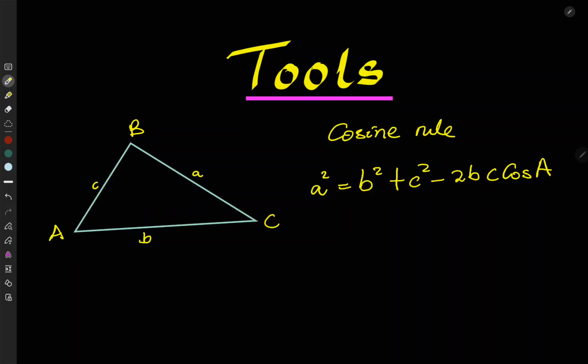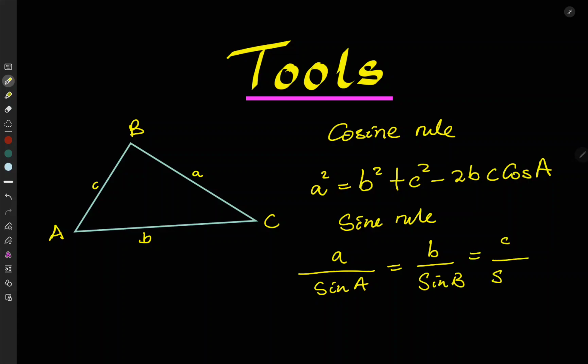And also, if you are not able to use the cosine rule for a triangle which is not a right-angled triangle, you can use your sine rule. The sine rule states that A over sine A must be equal to B over sine B, and it's equal to C over sine C. So any time you have a triangle that is not a right-angled triangle, make sure you make use of the cosine rule and the sine rule.